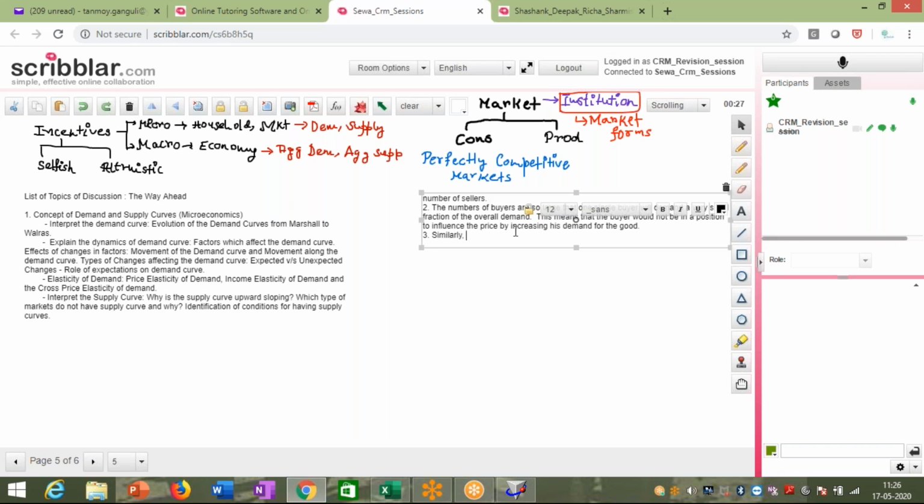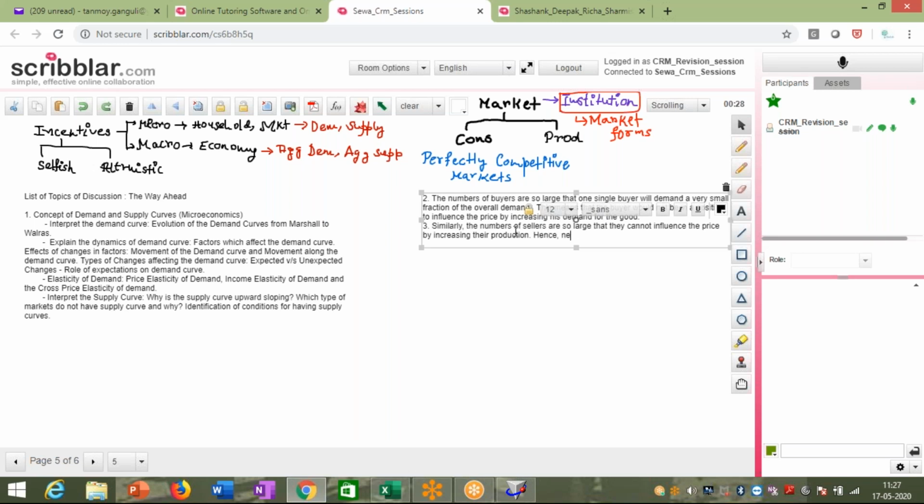Similarly, the number of sellers is so large that they cannot influence the price by increasing their production.